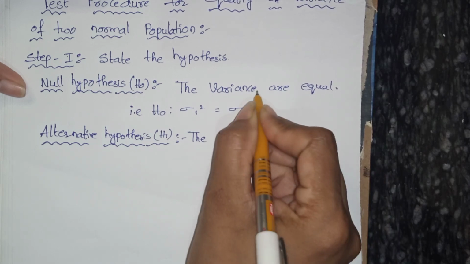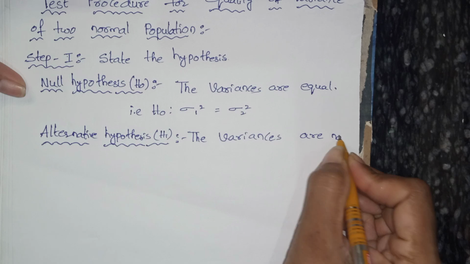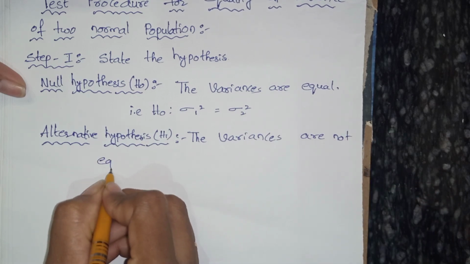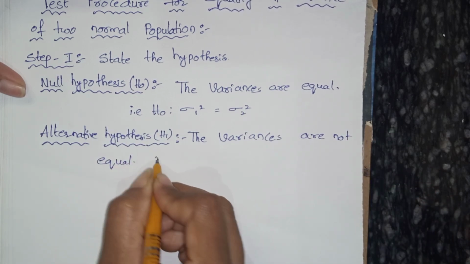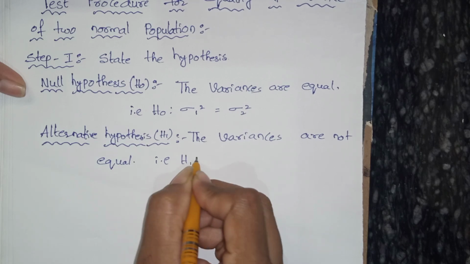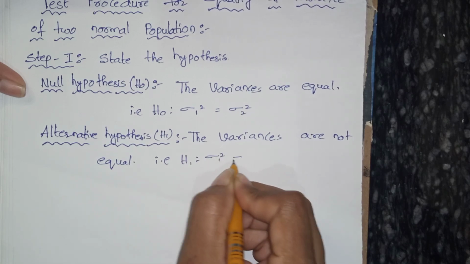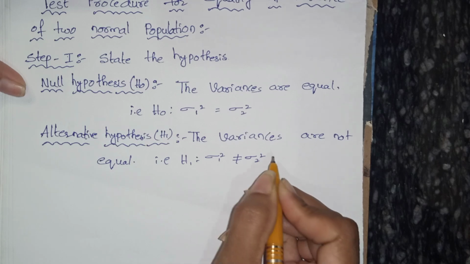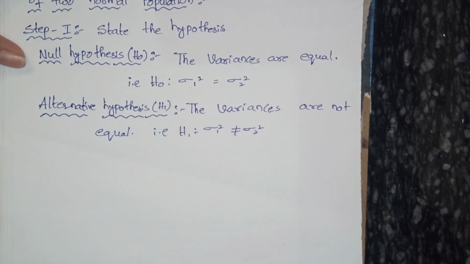The variances are not equal. So that is H1 such that sigma 1 square not equals sigma 2 square. The first step is completed.